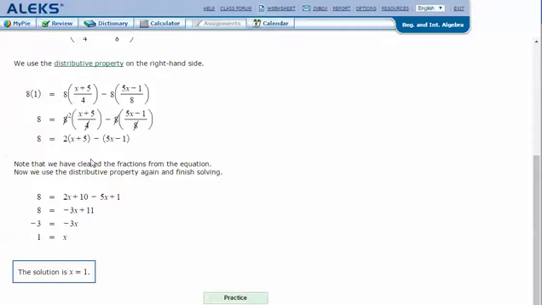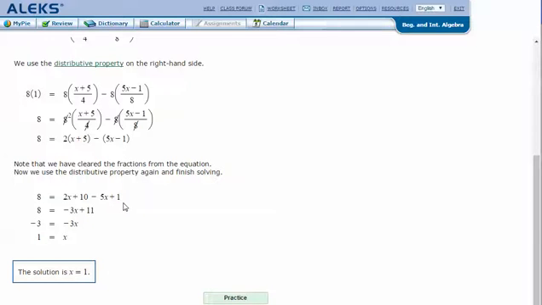We have to distribute that, like taking -1 times both of these before we can drop the parentheses. You can do it as -1 times 5x is -5x, and -1 times -1 is +1, or you can read this as the opposite of 5x is -5x, and the opposite of -1 is +1.